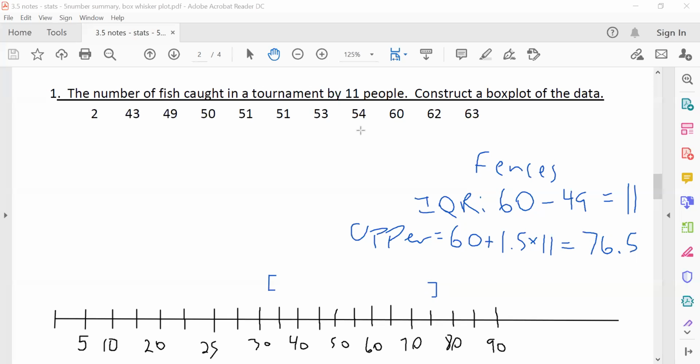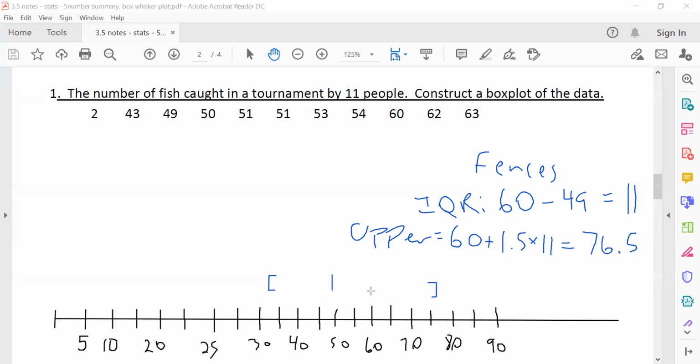Now the next thing we're going to do is put the first and third quartile on there. We said that the first quartile was 49, so 49 is about right here. I'm going to put a vertical bar above it.